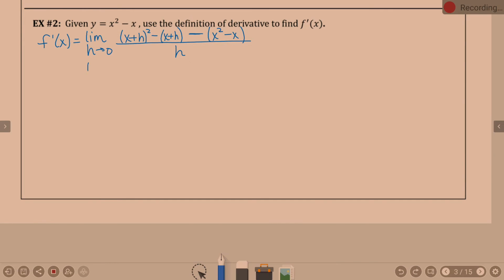Okay. The limit as h approaches 0 of... I wrote mine out as x squared plus 2xh plus h squared minus x minus h minus x squared plus x.